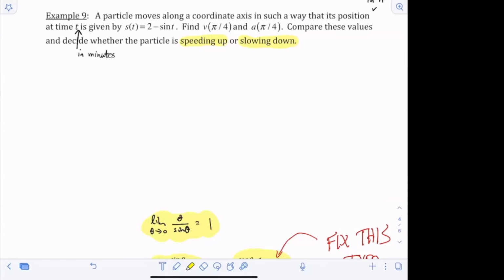Okay. So what does this have to do with speeding up and slowing down? Well, speeding up is talking about a relationship between velocity and acceleration. And slowing down is also talking about the relationship between velocity and acceleration.